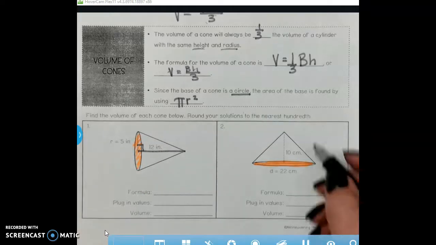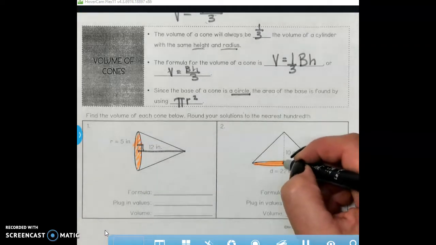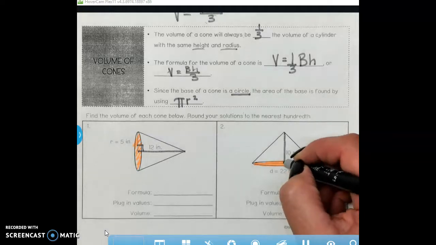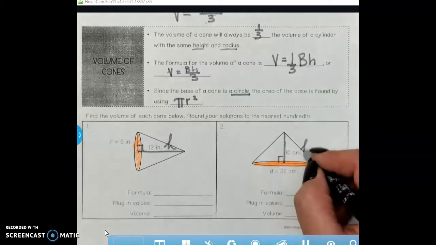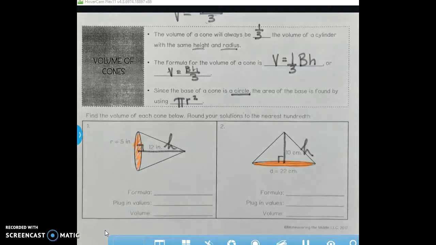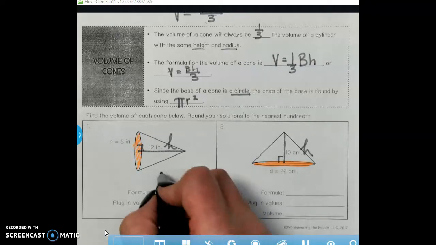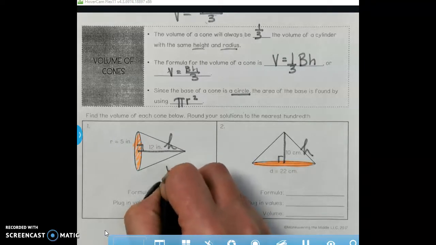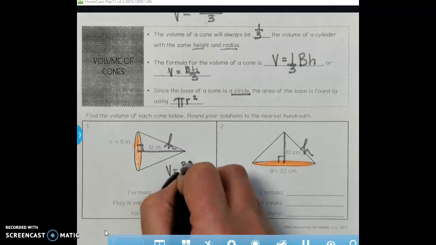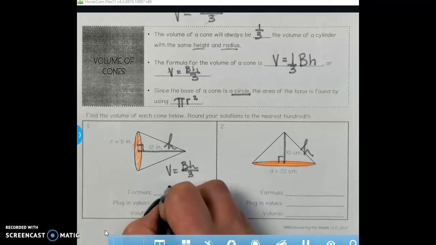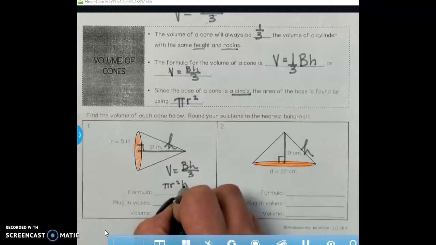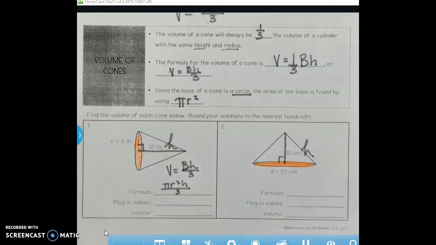It's from the apex all the way to the center of your shape. That's going to be our height. All right, let's put this information to work. Area of the base times height divided by 3. So that's going to look like pi r squared times the height divided by 3.